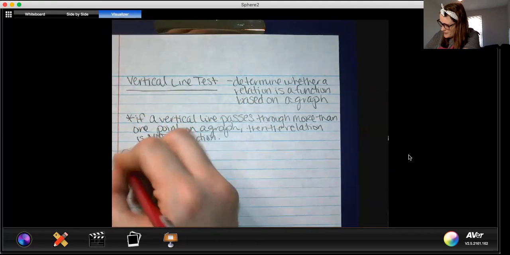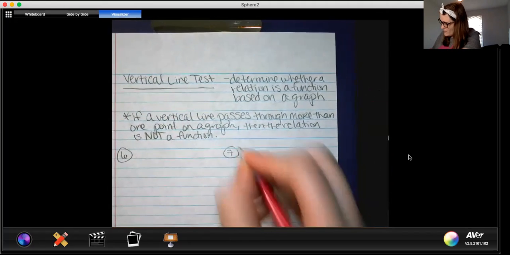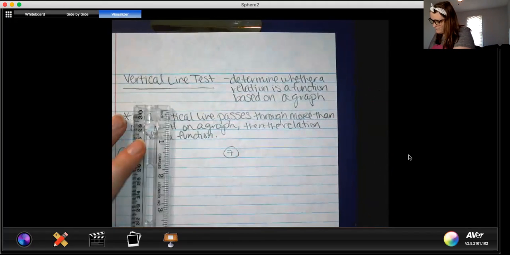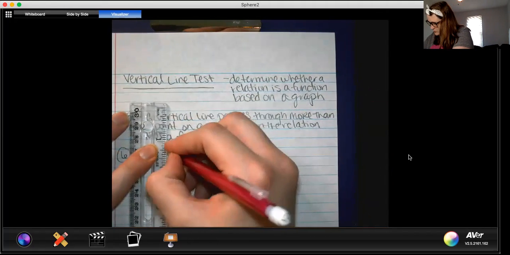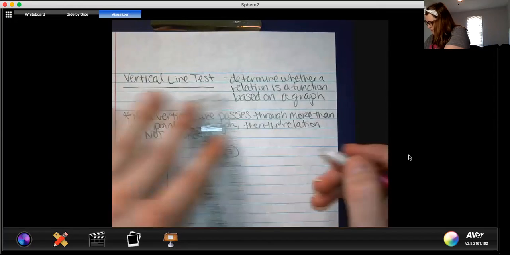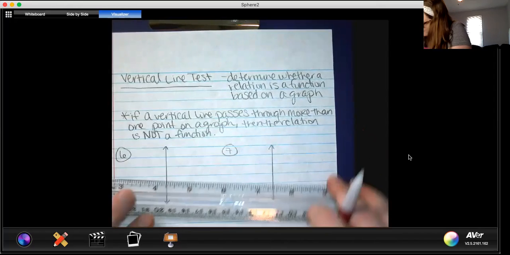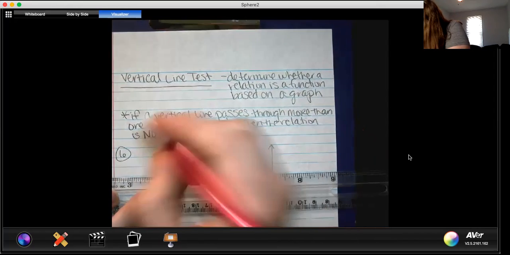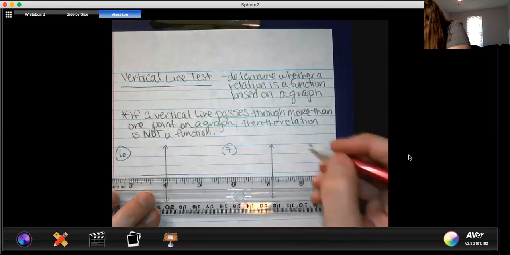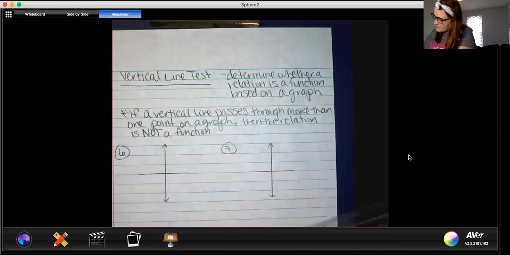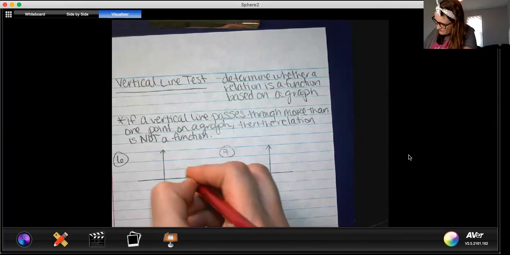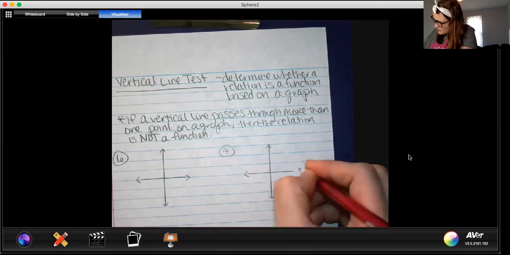So let's test that theory out. So I'm just going to draw some mini grids, and I'm going to draw some graphs on there. And they don't have to be super specific, but they should look like what I've drawn. And I'm going to use two different colors.